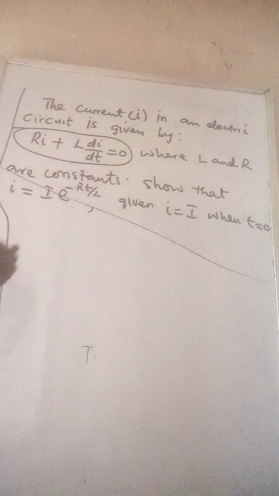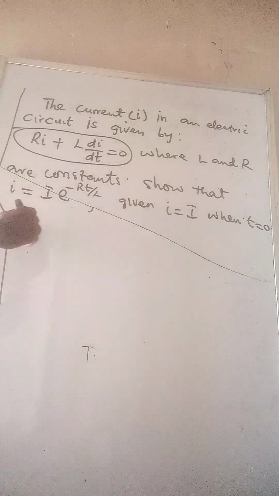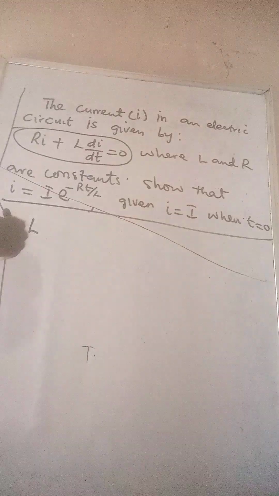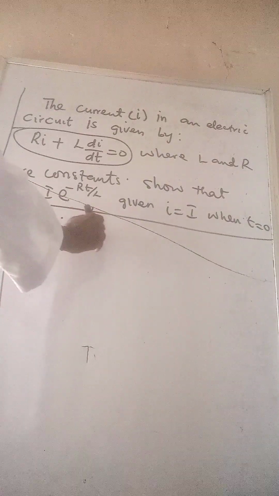So I'm going to rearrange it so that it will look like the normal form. That means, this is the solution, L di/dt plus Ri is equal to 0.